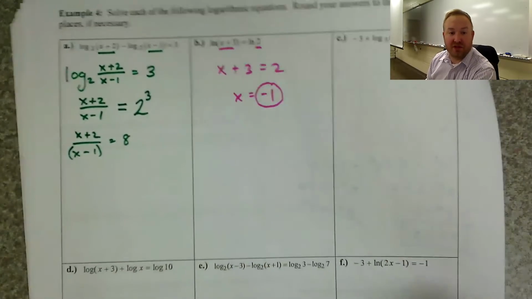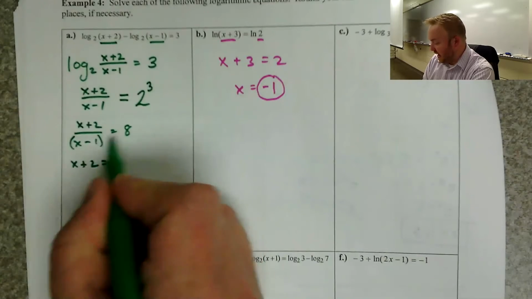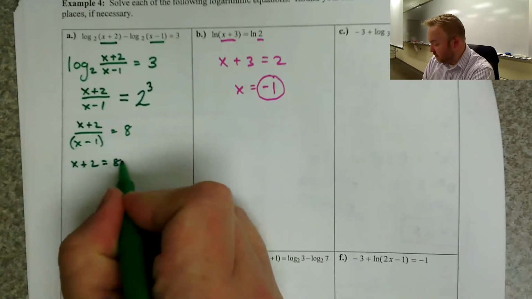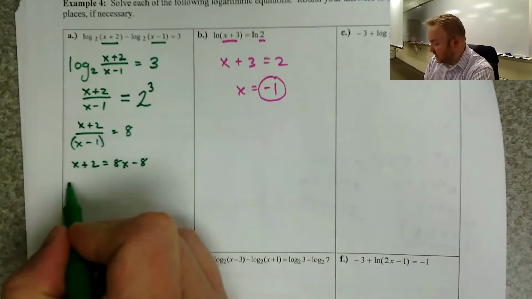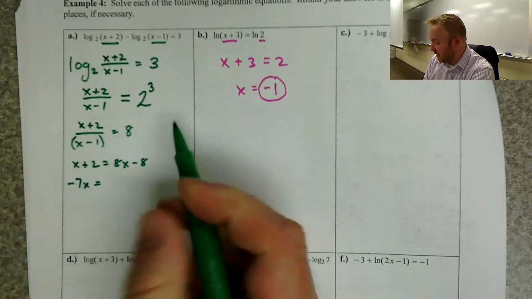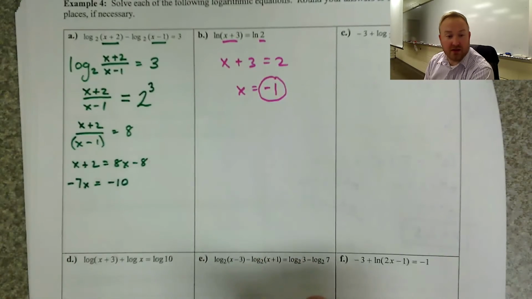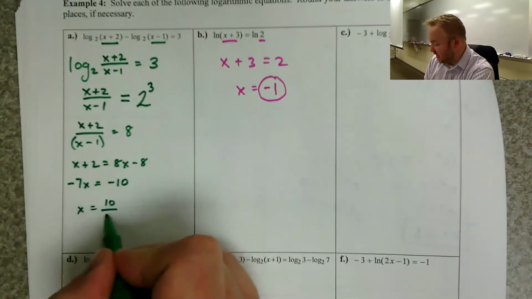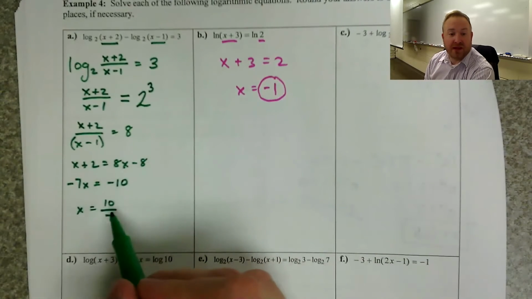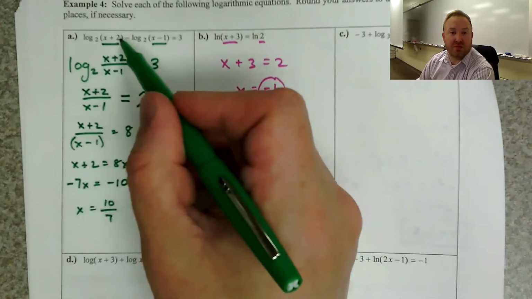So I'll multiply both sides by x minus 1. So if I multiply 8 by x minus 1, that becomes 8x minus 8. I'll subtract the 8x, giving me negative 7x on the left. Subtract the 2, giving me negative 10 on the right. And then divide by negative 7, so x is 10 sevenths. Now, if I plug 10 sevenths in here for x, 10 sevenths plus 2 is positive.